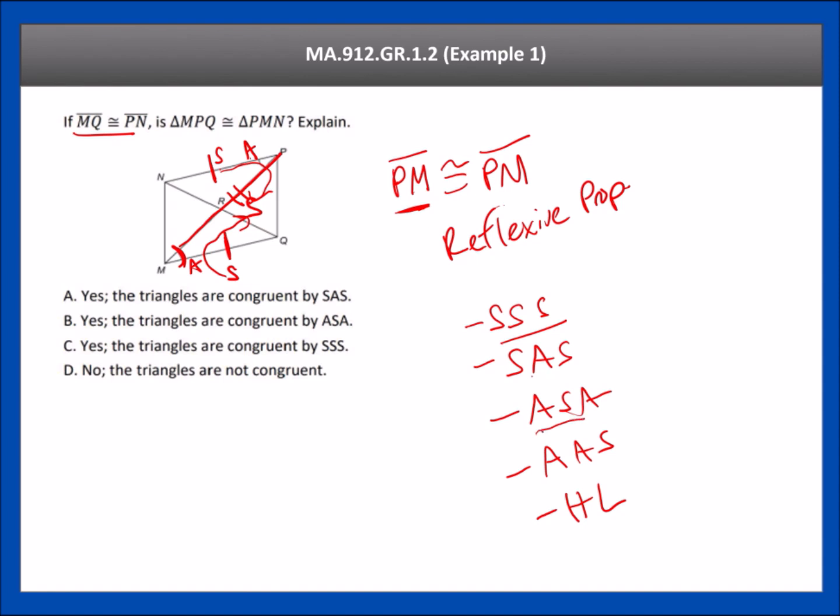ASA is an angle, a side in between, and another angle. We have angle-angle-side, which is 2 angles next to each other, and then a side afterwards. And then hypotenuse-leg is for right triangles, as if you have a hypotenuse and then a leg. This is the hypotenuse, that's a leg, and it has to be for right triangles. All right, so that's a quick summary of what we did for those theorems. But in this answer, this one's SAS, so the answer is A.